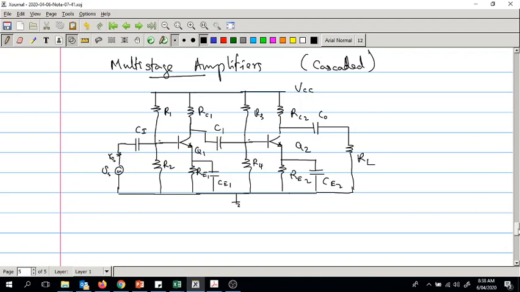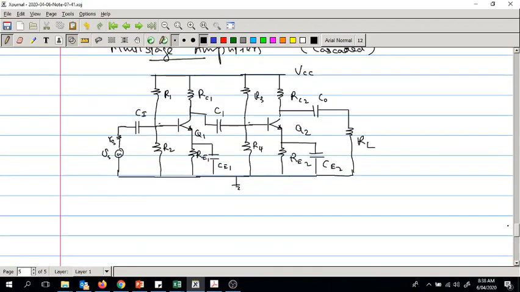So let's start drawing the AC equivalent. This is actually the same amplifier duplicated or doubled. These stages may be configured to different gains, different transistors may be there, so that is not a problem here.